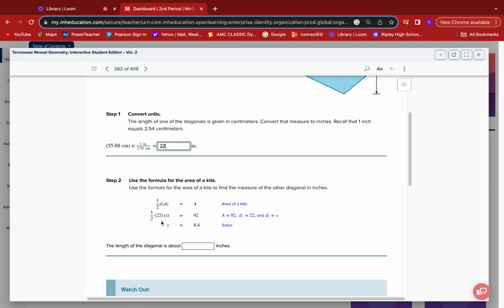Well, 1/2 of 22 is 11. And the opposite of multiplying by 11 is to divide by 11. So everybody take 92, divide by 11. And again, you're going to get a decimal. 8.36, yada, yada, yada. Looks like they round that to 8.4. So the diagonal is approximately 8.4 inches.